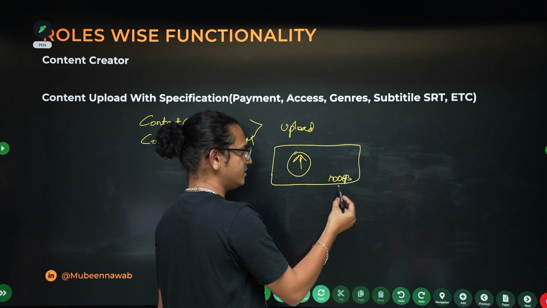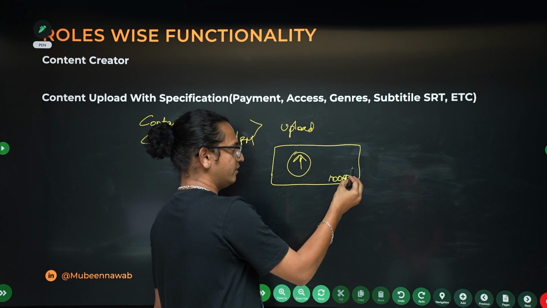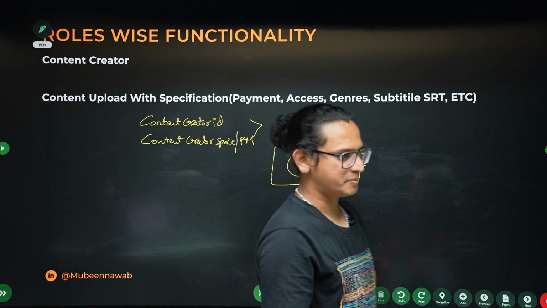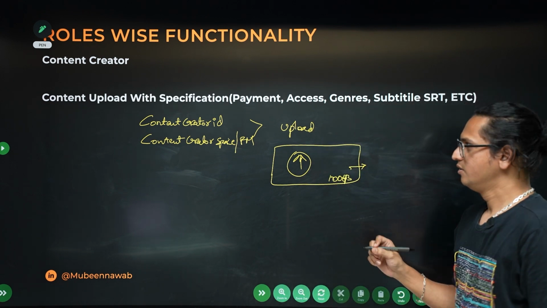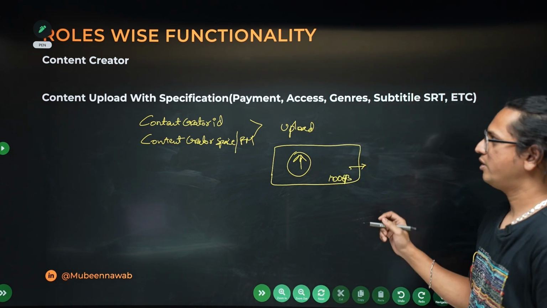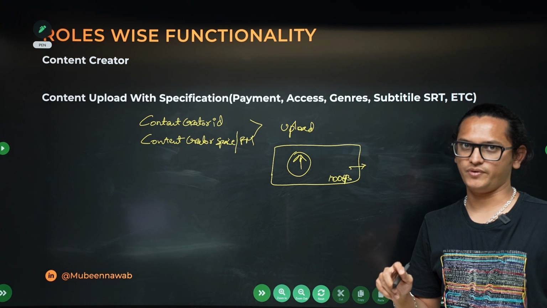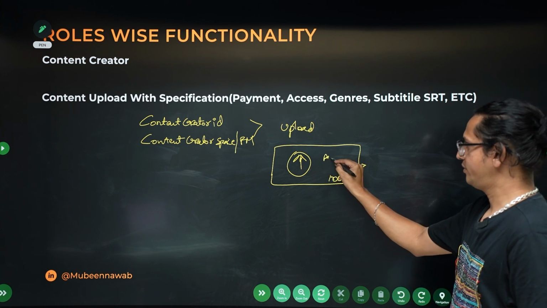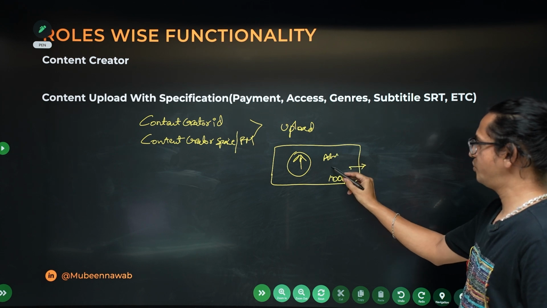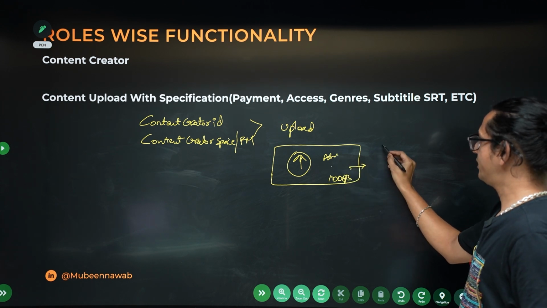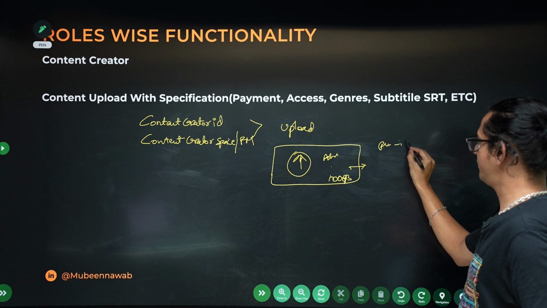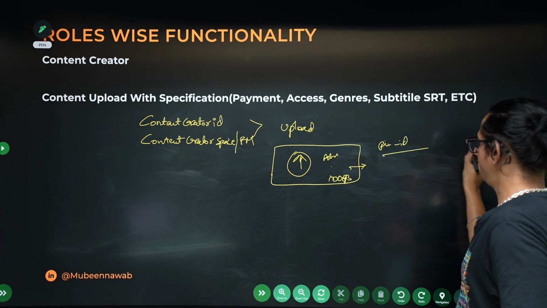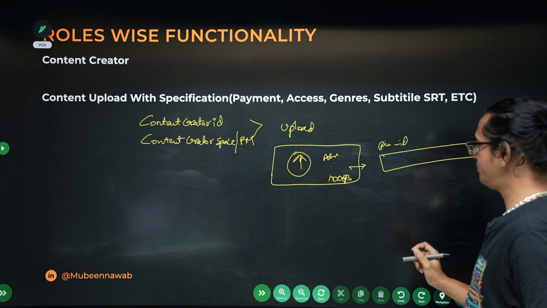Once this file has been uploaded, it needs proper specifications so that it does not get mismatched when users fetch the details. Let's say this is an action movie. Once this movie is uploaded, we give the file name and the details using a text input bar.